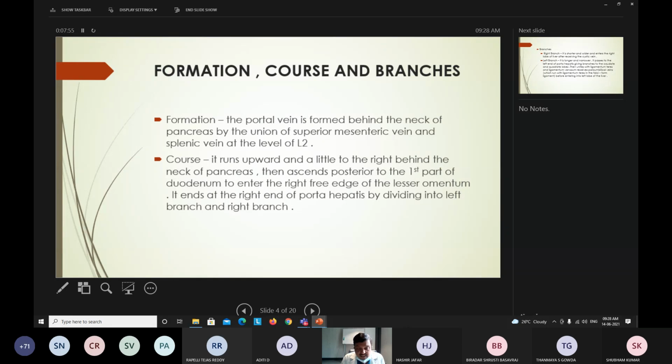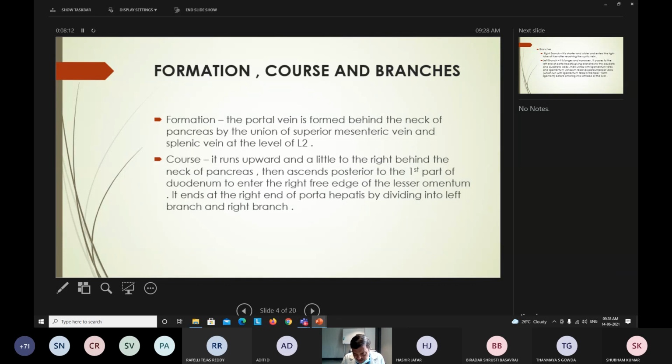After formation, it runs upwards and a little to the right behind the neck of the pancreas. That is the first point. Second, it ascends.